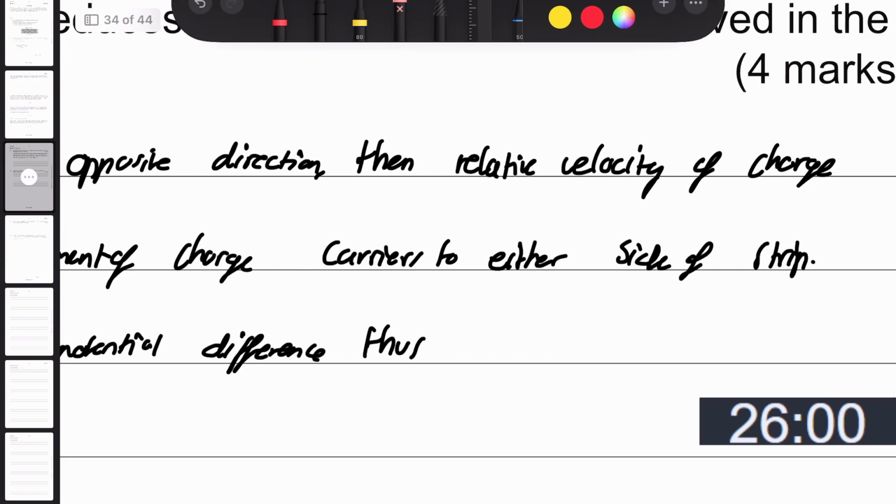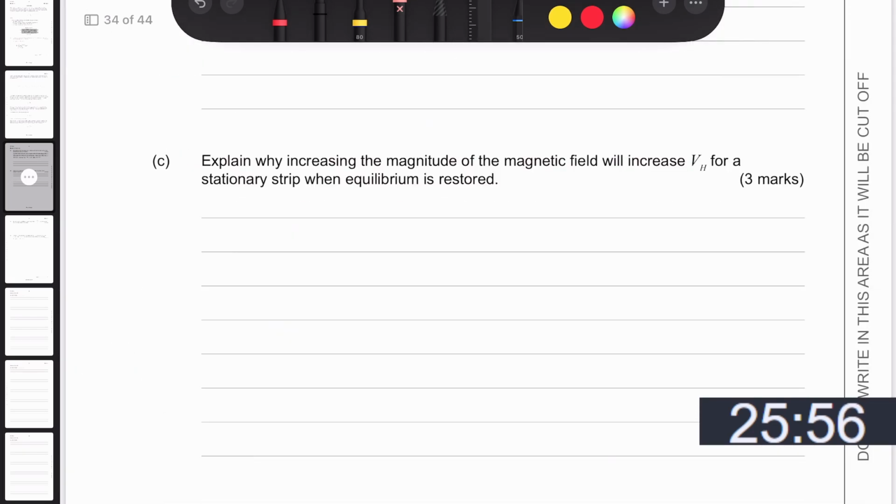Thus, VH equals 0. Increasing the magnitude of the magnetic field will increase VH for a stationary strip when equilibrium is restored.